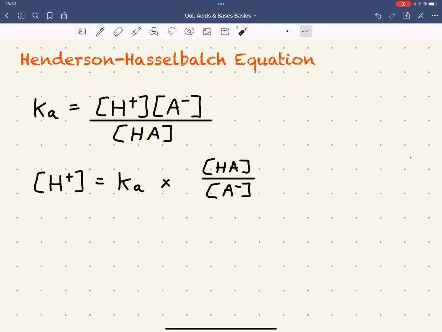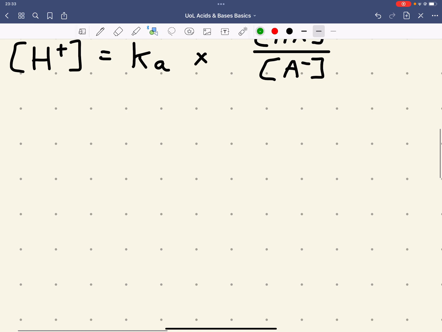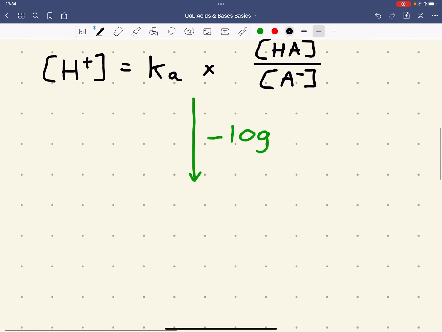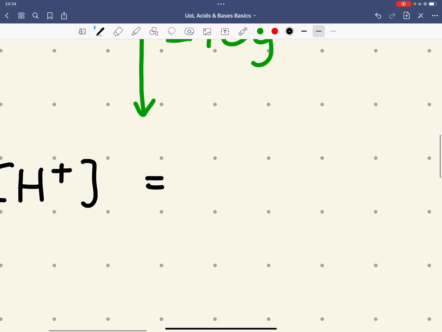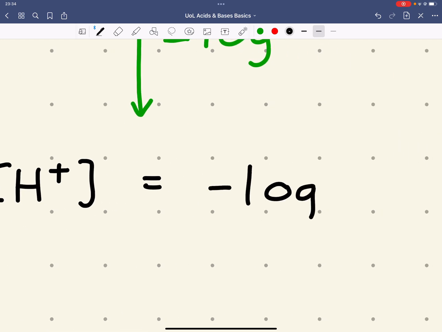But what we're going to do is transform this into the Henderson-Hasselbalch equation, and we can do that by taking minus log of each term. So if I minus log each term, what we get is minus log of the hydrogen ions equals minus log of the Ka.